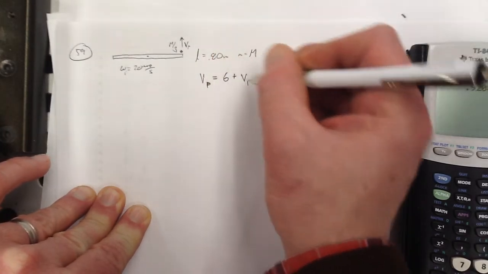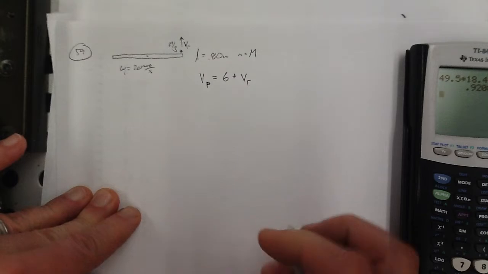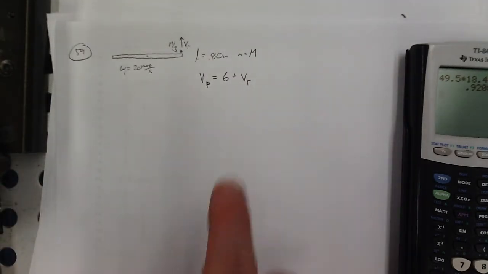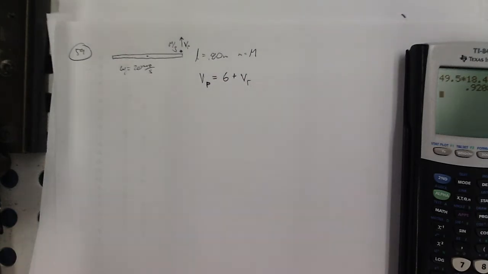This is a P, and that's an R. And that's the end of the rod, just to be clear. Okay, so we're going to need that relationship at some point. All right, so let's see if we can figure this out. We want to know what is the value of Vp.